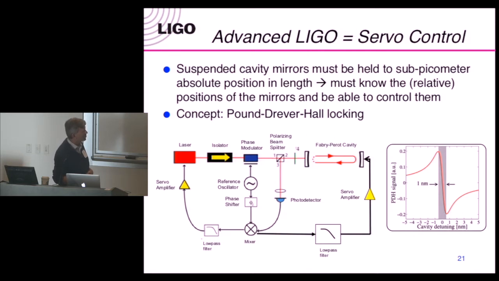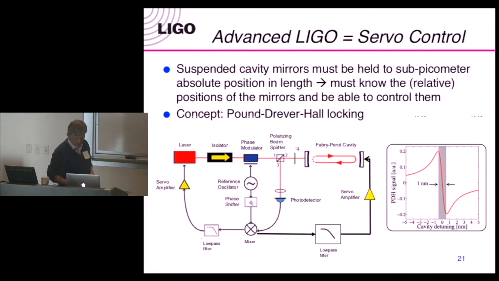That allows you to feed back. There's a low-pass filter and an amplifier here to push the mirror back towards the resonant condition. We actually do this in two ways. We can change the laser wavelength very rapidly, on a hundreds of kilohertz time scale, or we can push the mirrors, but that's much, much lower. All right, so that's the concept.